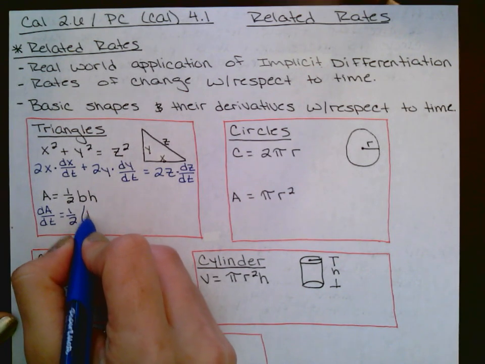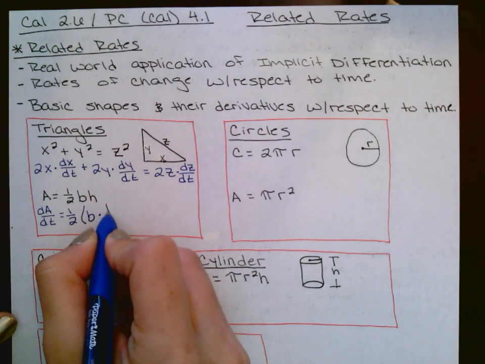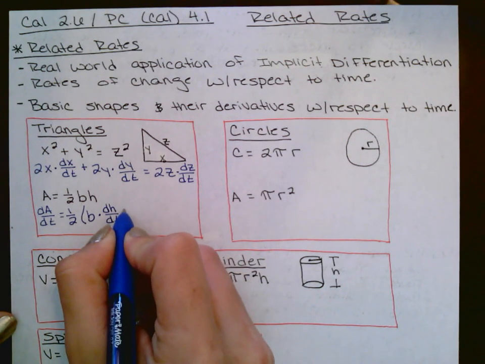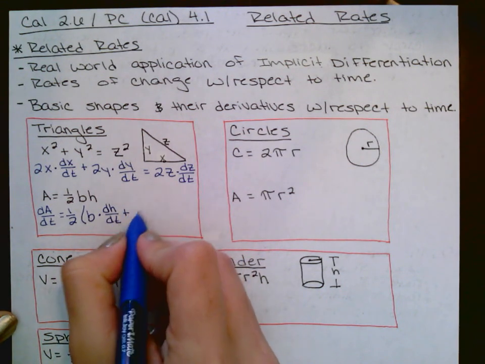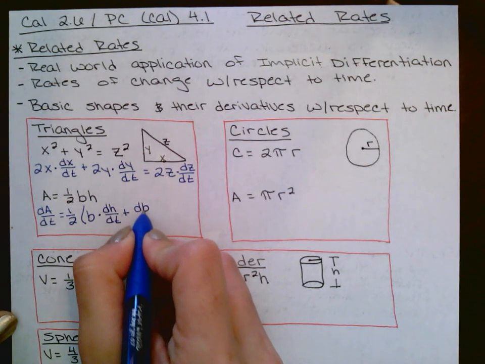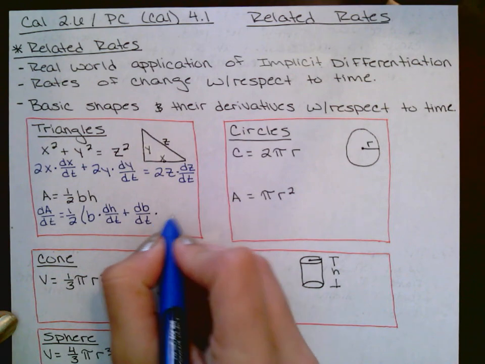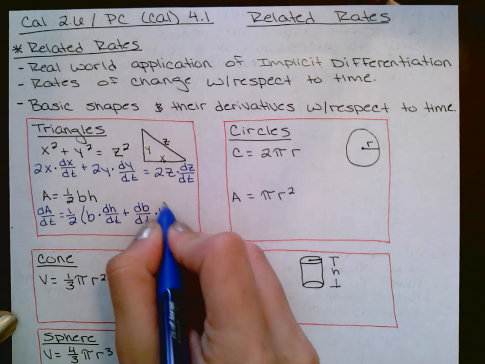So we have first times the derivative of the second with respect to time plus derivative of the first with respect to time, and then times the second original. Okay?